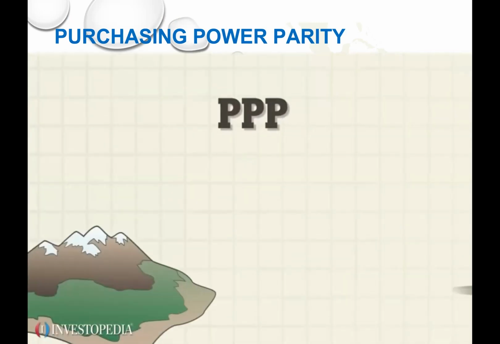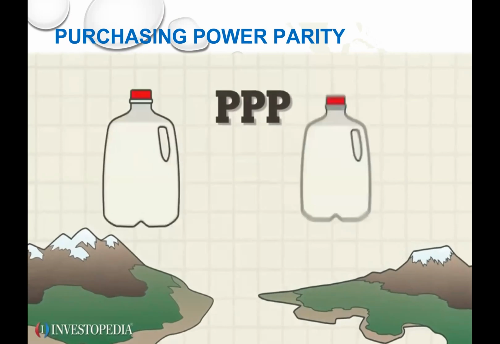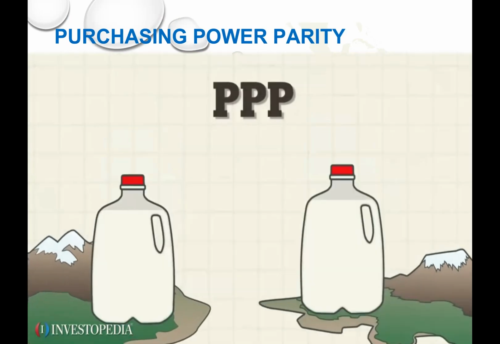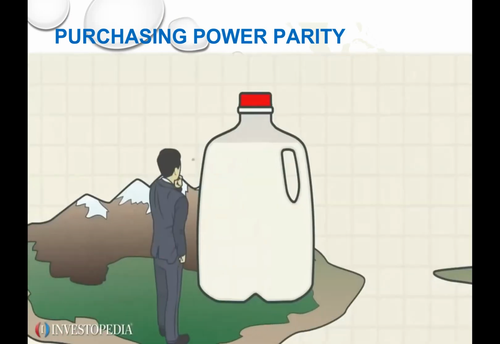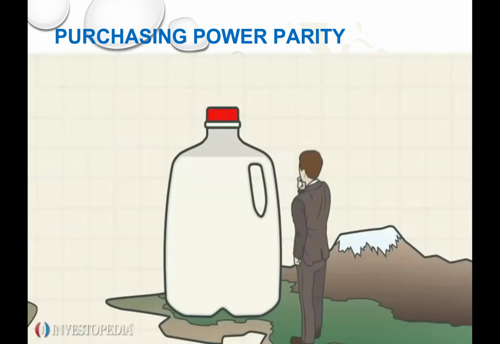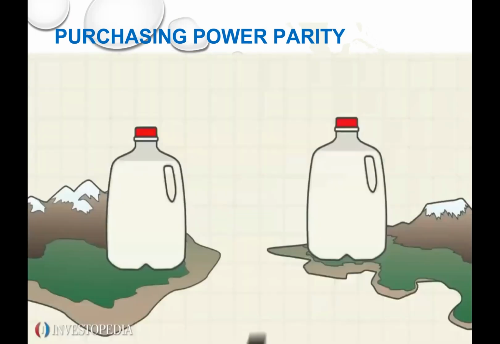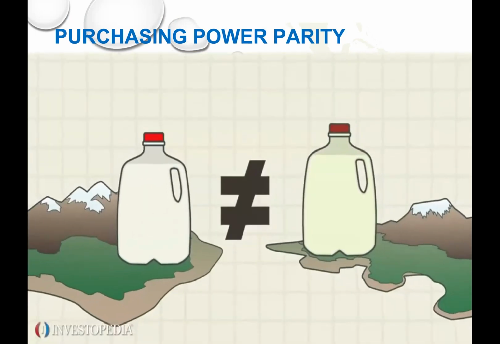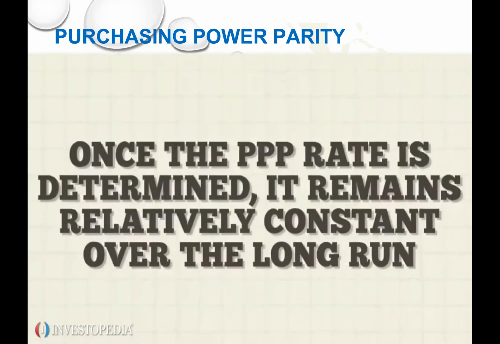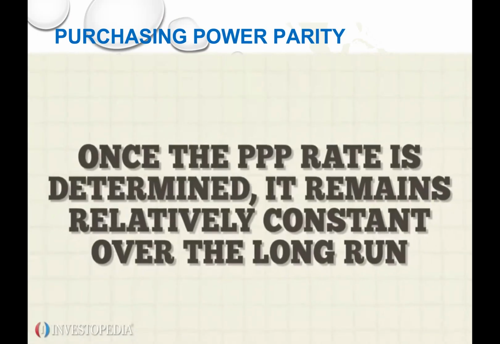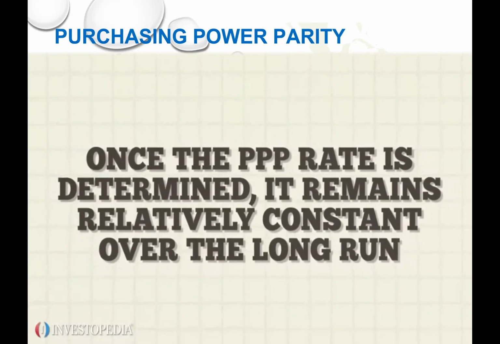PPP rates are determined by comparing the prices of identical items in different countries. PPP rates are often difficult to determine because of differences in purchasing habits among the citizens of different countries, unequal quality of goods in those countries, and differences in each country's economy. But once the PPP rate is determined, it remains relatively constant over the long run.